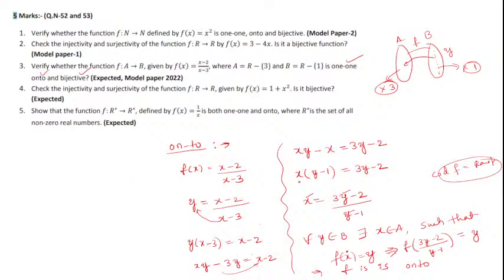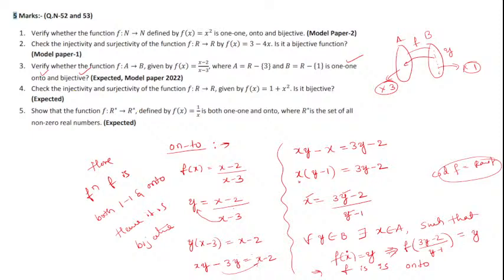So in the exam you must write the last statement, that is here my function f is both 1 1 and onto, hence it is bijective. Hence it is a bijective function.